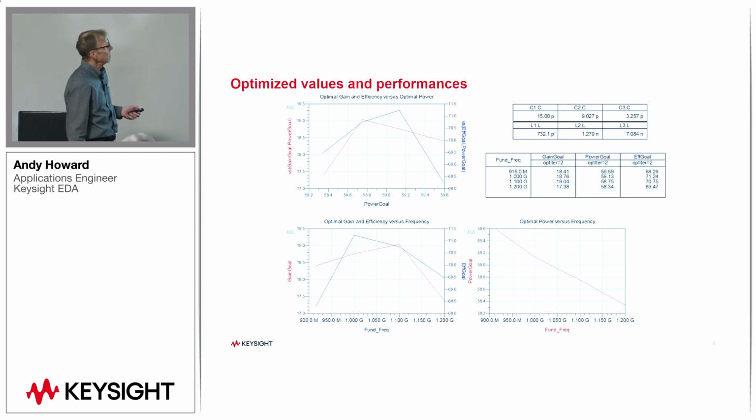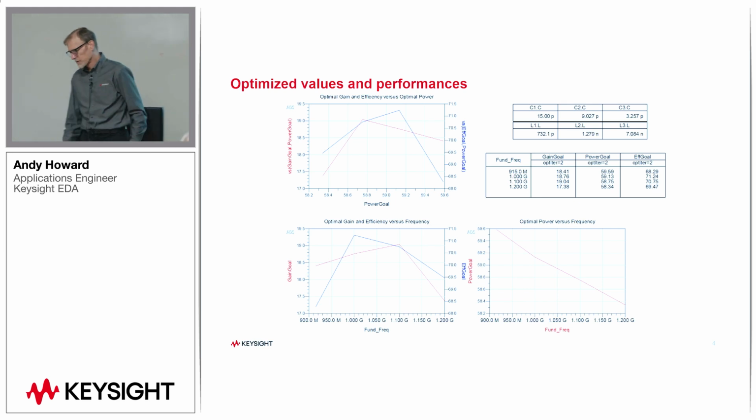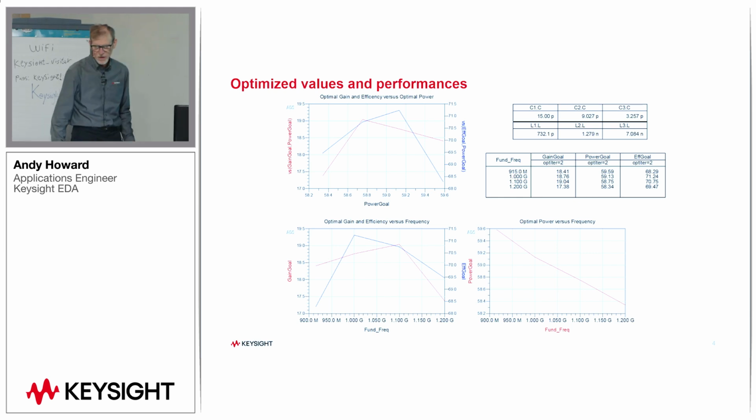It uses data from four different measured load pull data files and shows the performances versus frequency as well as the matching network parameter values. I think it's useful to start simple, but this is the end result. You could use this as a starting point for designing a more realistic impedance matching network.